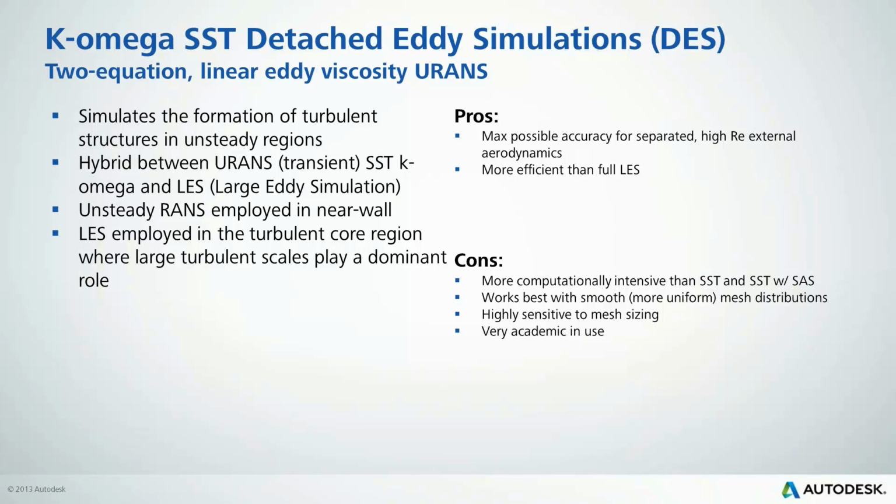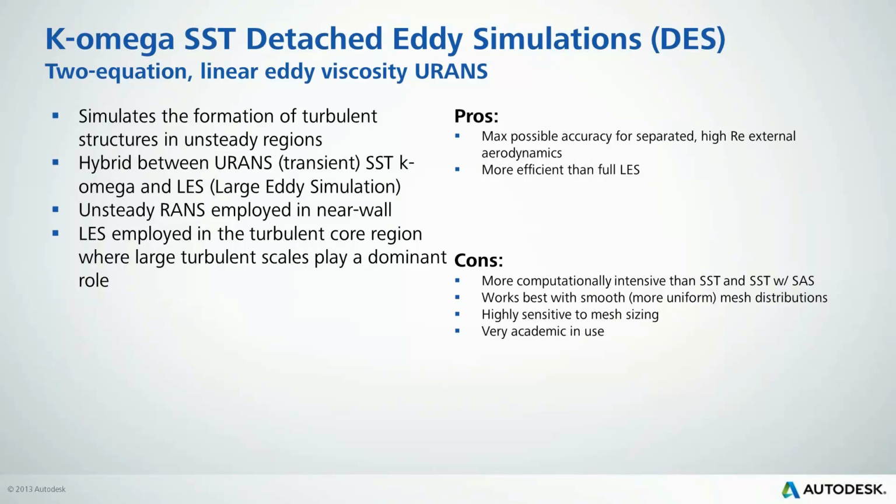So really running it transient is more appropriate. And you have these larger eddies, so you need to capture how they flow downstream. This is really going to be the highest accuracy that we can provide inside of the CFD simulation, and works very well with high Reynolds external aerodynamics.